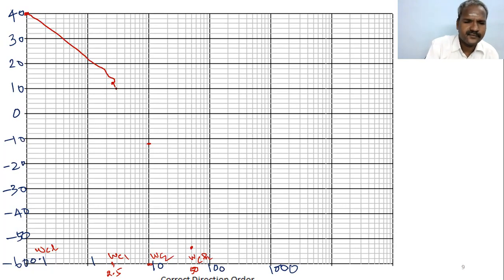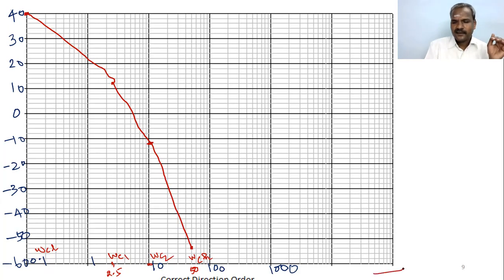Then next, from here you draw a line to this. These are all asymptotes, not the exact curve, right? Then the next value is at omega C2. Next is at omega CH. Right. So this is the Bode magnitude plot.